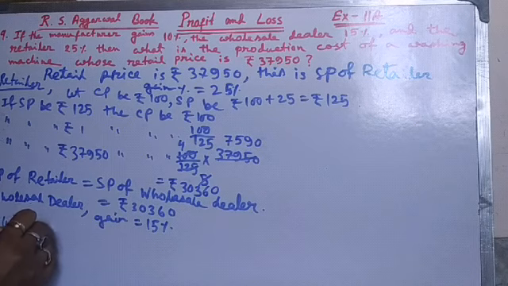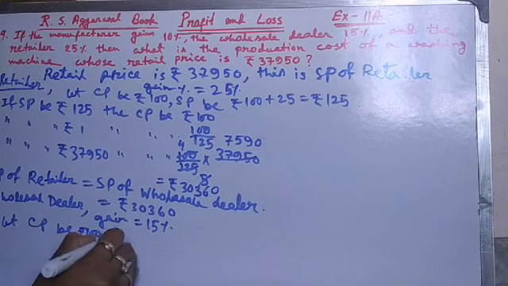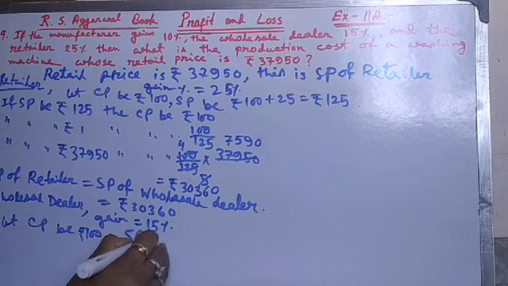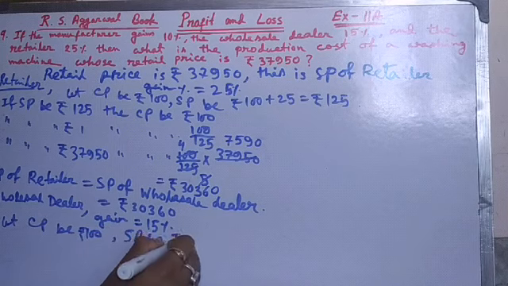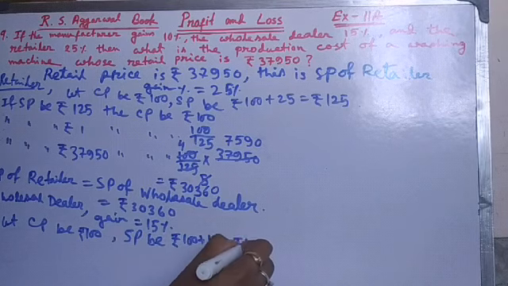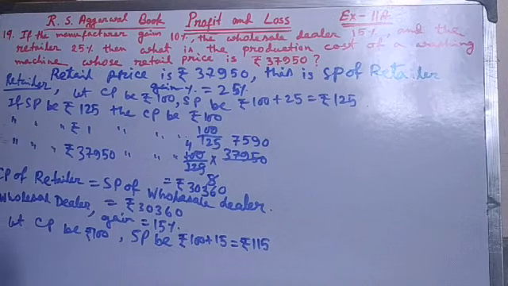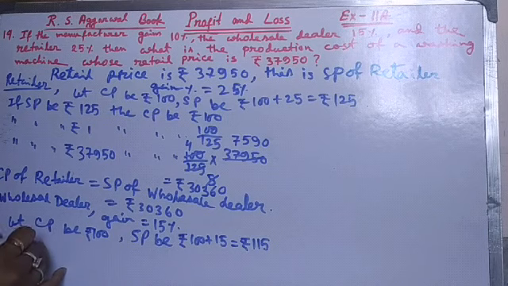So let CP be rupees 100, SP rupees 100 plus 15 equal to rupees 115. Now here also we'll find out CP, that's why CP will be on the right hand side.